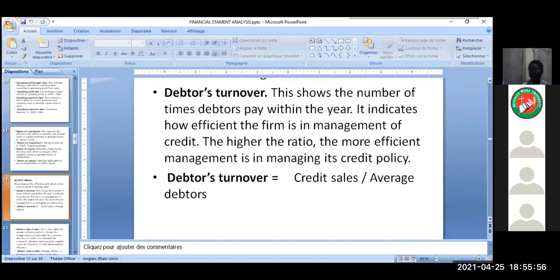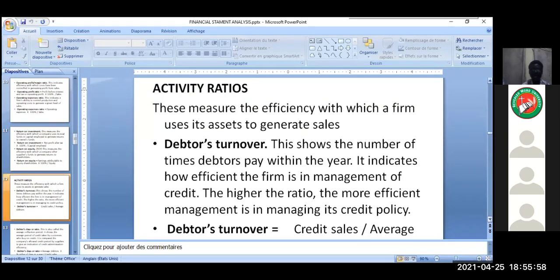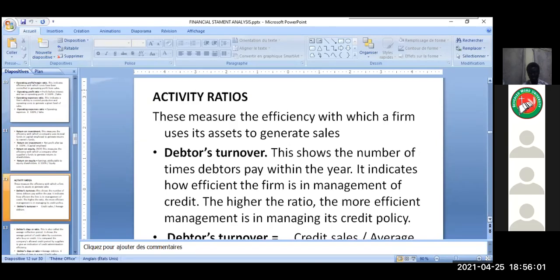Now, we go to another element of activity ratio that we even saw yesterday, which measures the efficiency in which a firm uses its assets to generate sales. Okay?